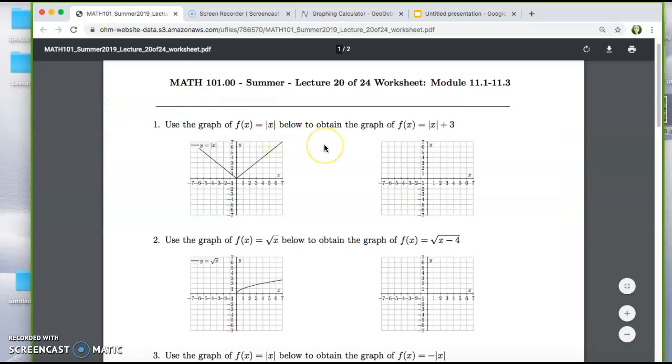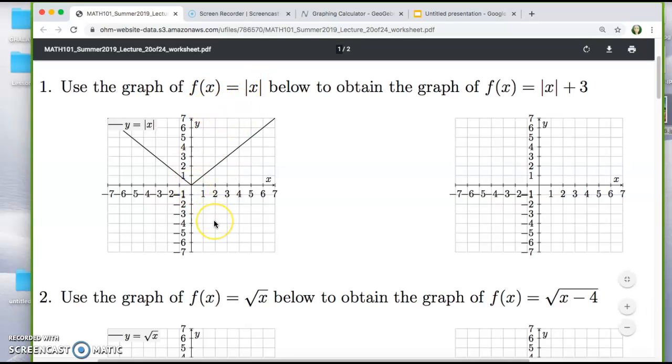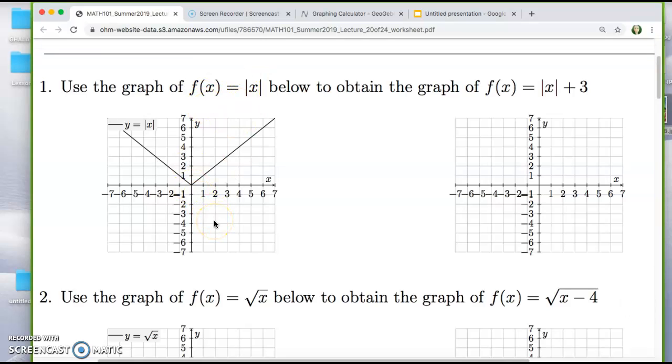We're using the graph of f of x equals absolute value of x to obtain the graph of the absolute value of x plus 3. When we have absolute value, our graph is always going to have a V shape. Whenever you see the absolute value bars, you know that your graph is going to have a V shape.